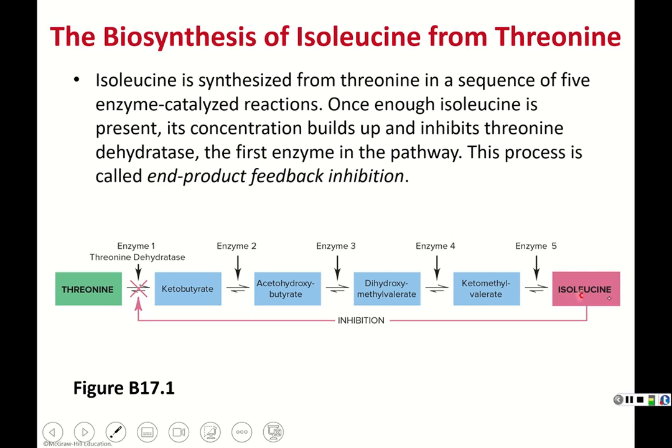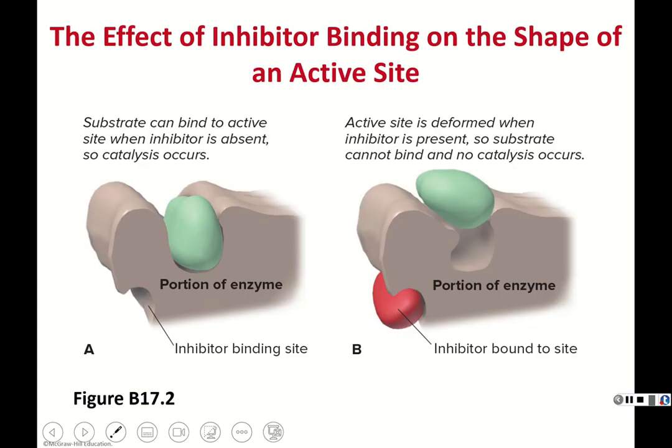Because if you have enough isoleucine, you don't have to waste any more threonine synthesizing it. So this is an example of feedback inhibition. Okay, not super important for this class, but if you go on to biochemistry, you'll see this again. And the inhibition, just for your information, typically what happens for inhibitors is that you have an active site in an enzyme.